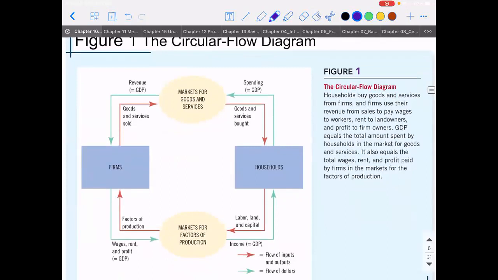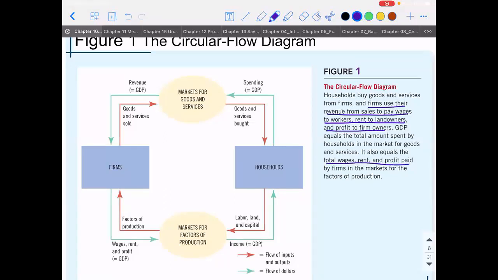Or we can, I don't preview these slides before I start talking about them, or we can look at this much prettier picture right here. In this case, the red equals the sea green. But essentially, firms use their revenue from sales to pay wages to workers, rent to landowners, and profit to firm owners.